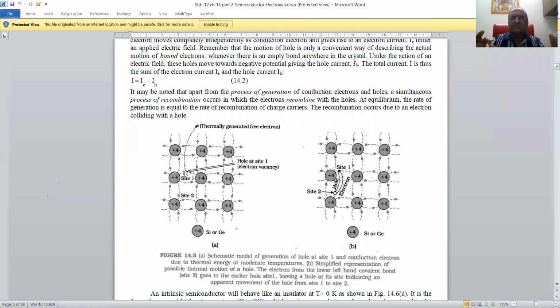It is just the empty space left by electron when the covalent bond is broken up. Clear? તો આ રીતે હોલની ફોર્મેશન થાય છે આની અંદર.